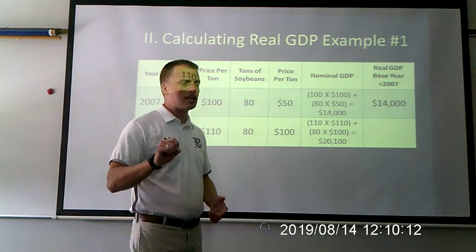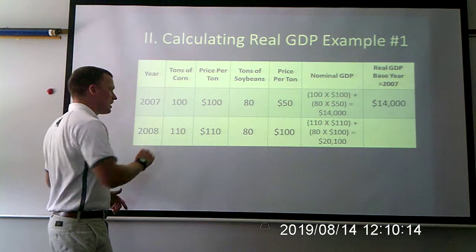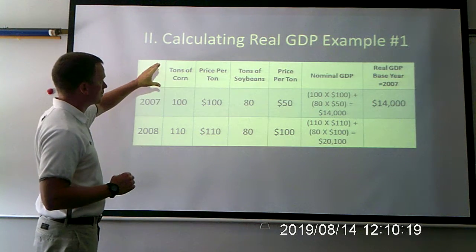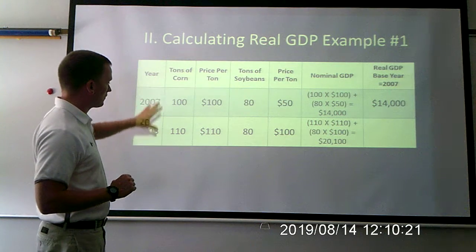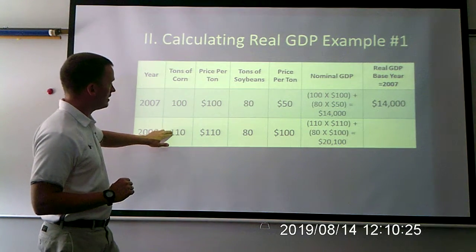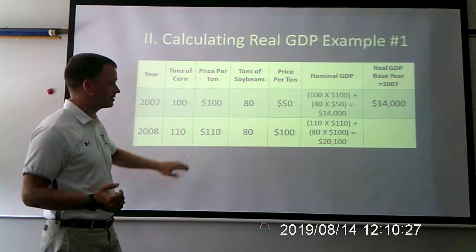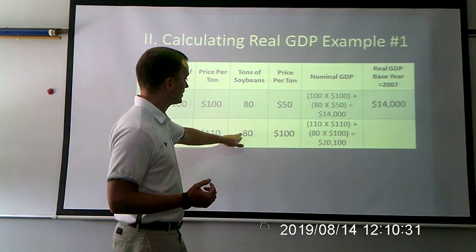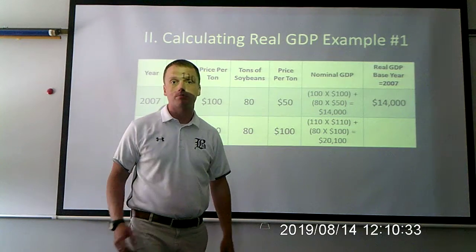But let's see if it changes when we do 2008. Looking at 2008, we've got tons of corn. We've got a bit of an increase in quantity, but also an increase in price. And here, the quantity is the same, but we see a massive increase in price.